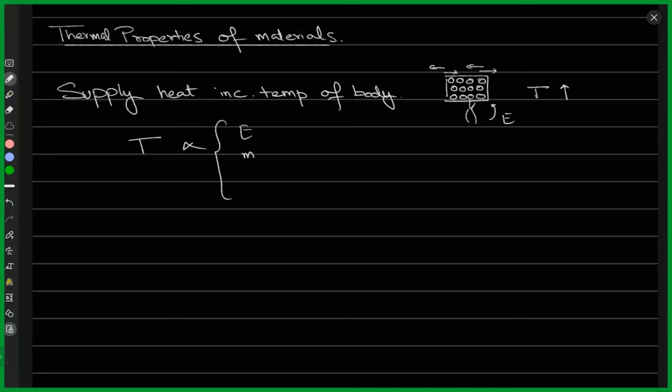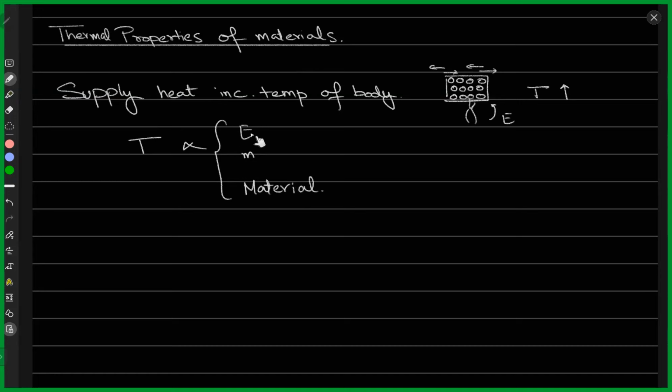It also depends on what material this object is made of. For example, metals tend to conduct heat more, so the molecules would get more energy compared to, for example, an insulator. So it depends on the type of material.